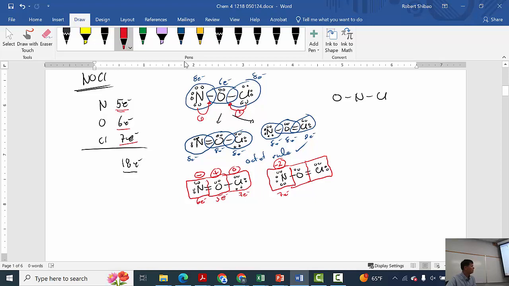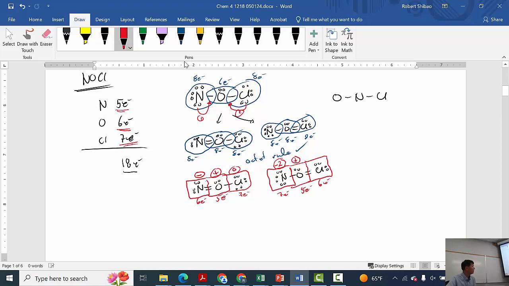Okay, this oxygen? 5 electrons. It contributed 6, therefore it lost 1. Plus 1. How about this chlorine? It ends up with 6 electrons. And how many did it contribute? 7.